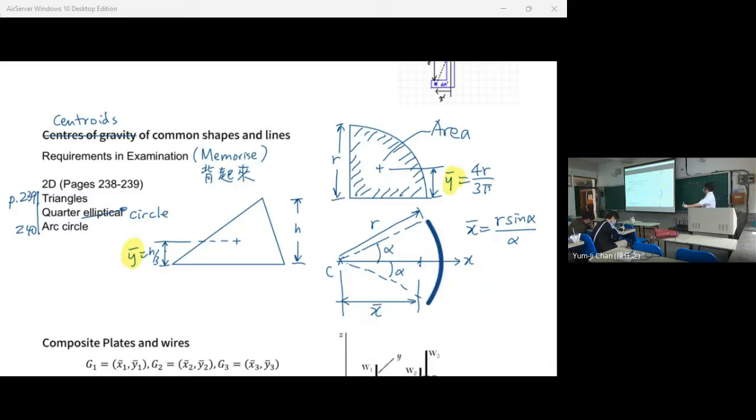Now for using these equations, remember two points. The first point is alpha is in radians, not degrees.